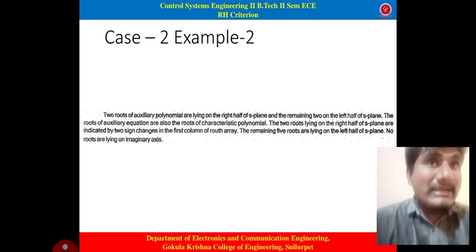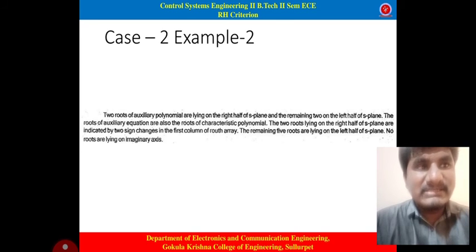See, when you are calculating the solutions for this auxiliary equation, you may come across the case where there are a few poles lying on the imaginary axis. Understand? So this calculation, the solution of the auxiliary equation, will help us to calculate the number of poles lying on the imaginary axis.